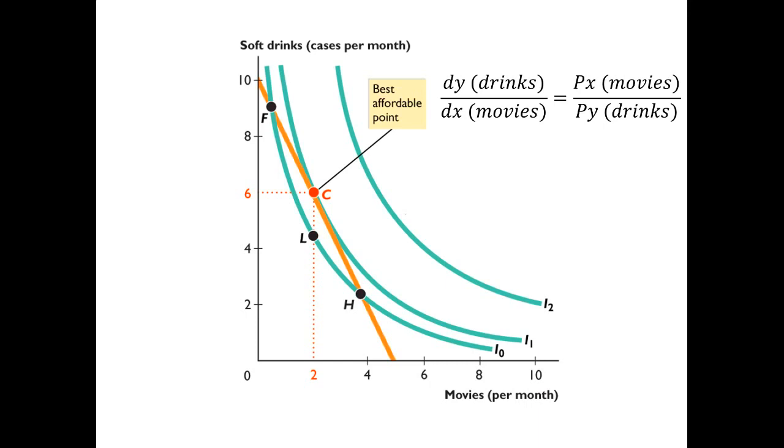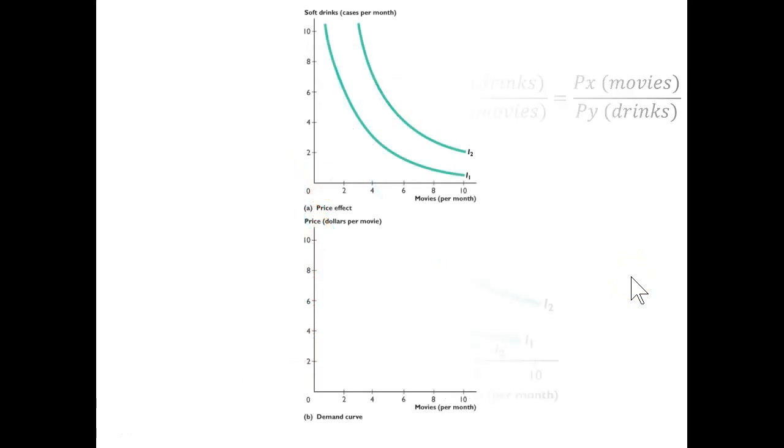It's a condition of optimality, a condition of the optimal choice of our consumer, that the slope of the budget line will equal the marginal rate of substitution. Okay, that's a technical point, but now let's move on to the really interesting stuff.